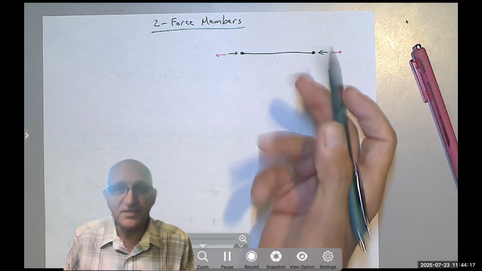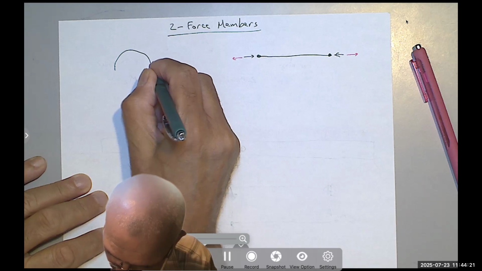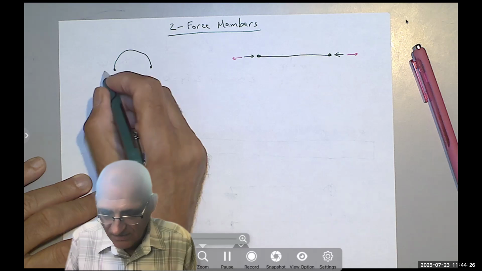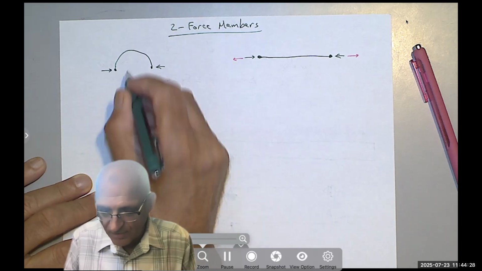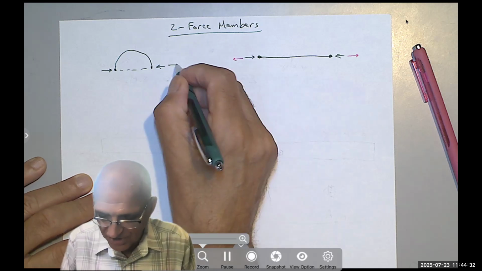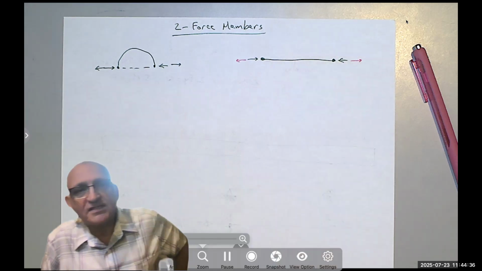The shape of the member is irrelevant. I can have a curved member like that, but if I don't have any loads, then it's a two force member also. Again, tension or compression depends on the loading. So these are the two things I want you to know about the supports.